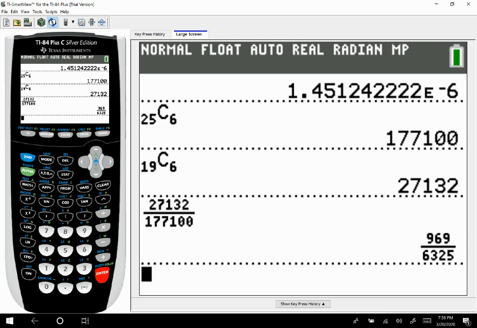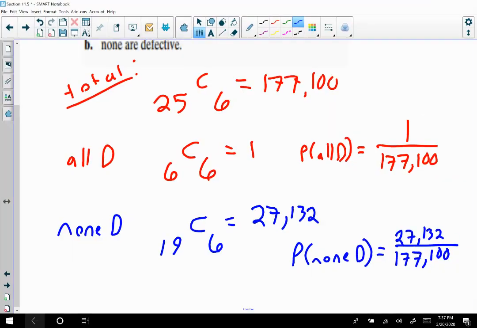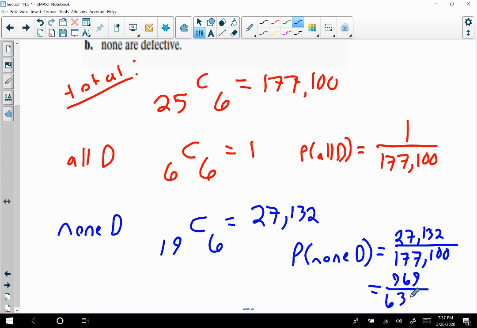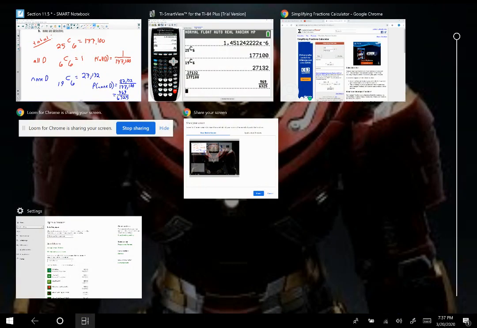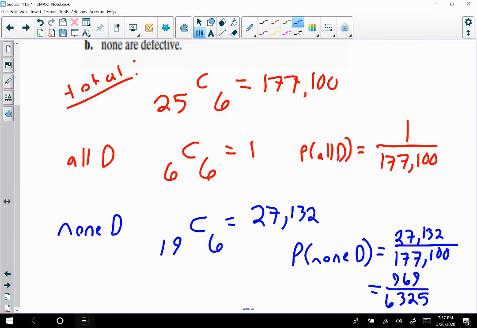Enter. Oh, our calculator was able to handle this one. So 969 all over 6,325. So our final answer is 969 over 6,325. Let me just double check. Yep, 969 over 6,325. Perfect. And there you go.